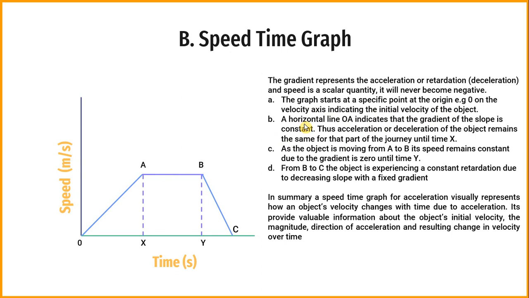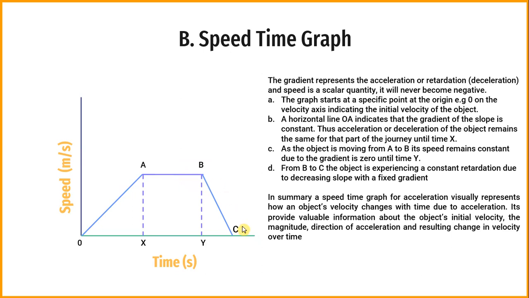The line OA is a horizontal line, which indicates that the gradient of the slope is constant, and thus the acceleration or deceleration of the object remains the same for the part of the journey until time X. You can see from this diagram, as the object is moving from A to B, its speed remains constant due to the gradient being 0, until time Y is taken.